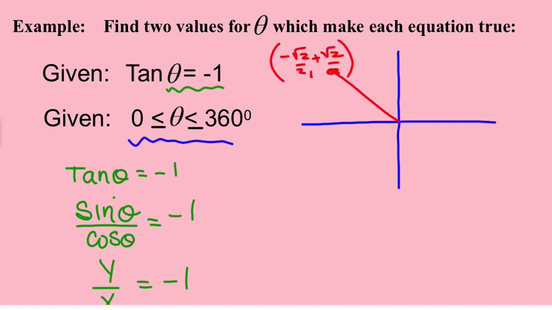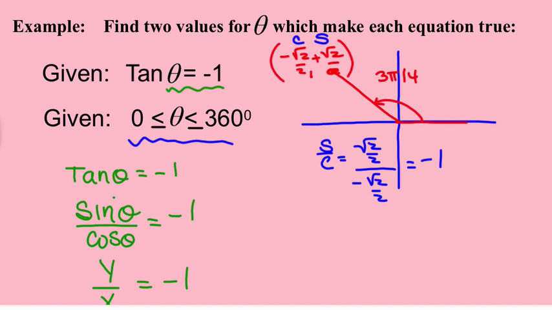If I take this as my cosine, and that is my sine, and that angle measure from here to here is 3 pi/4. If I divide those, sine over cosine, square root of 2/2 divided by negative square root of 2/2, I get negative 1. That's what I wanted to have happen. So the first answer is 3 pi/4.